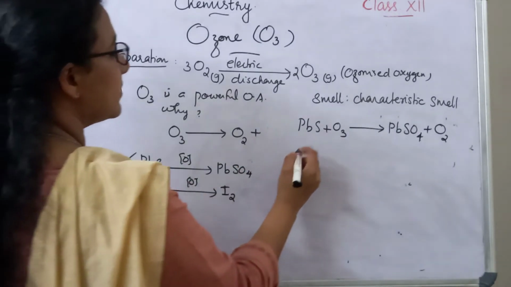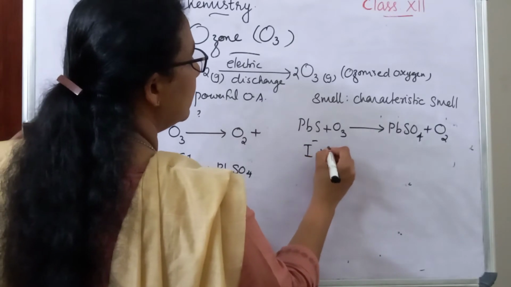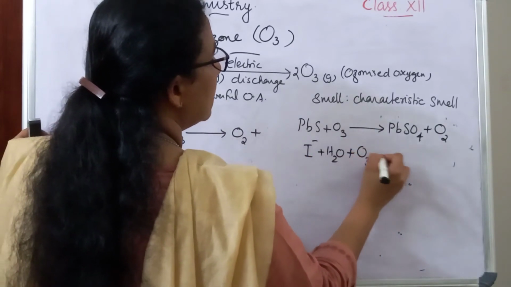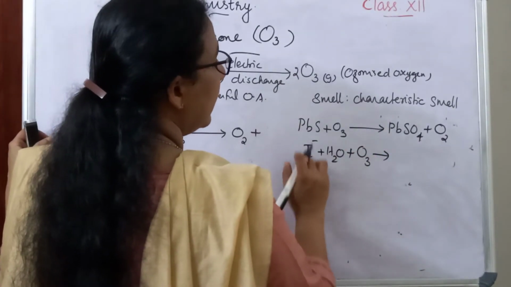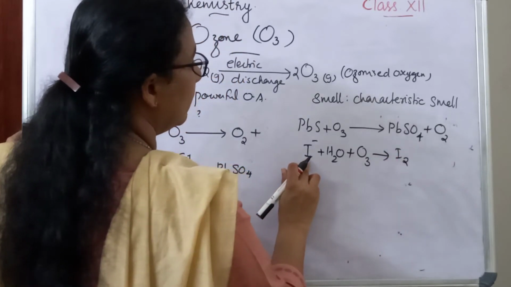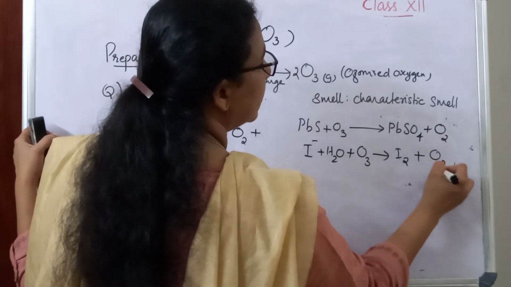Then the second reaction is iodide ions. If we are using potassium iodide solution and ozone, the iodide ions in the solution are converted to iodine. So the iodide ions are oxidized to iodine and oxygen will be the byproduct.